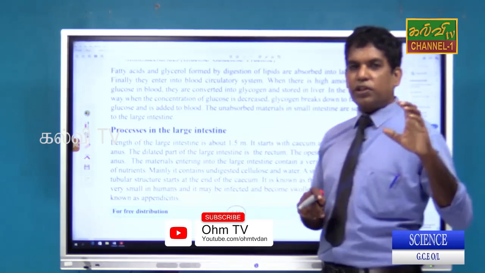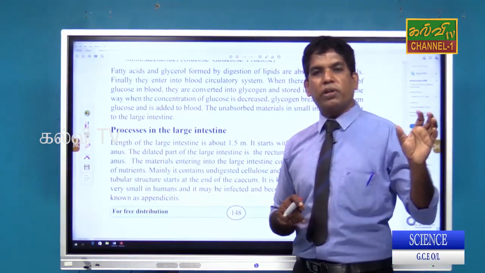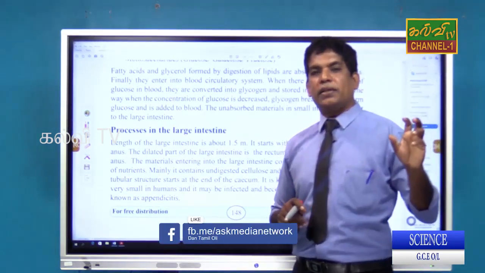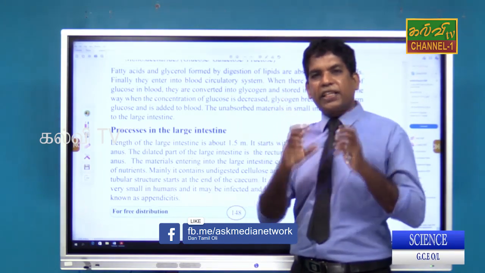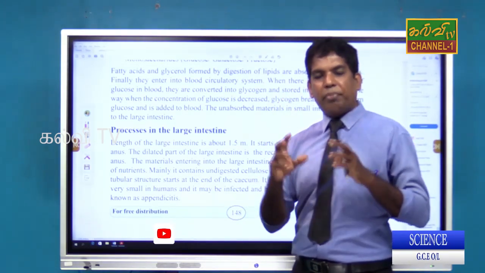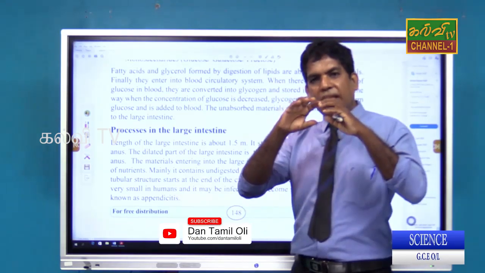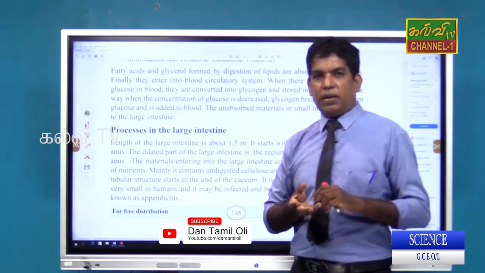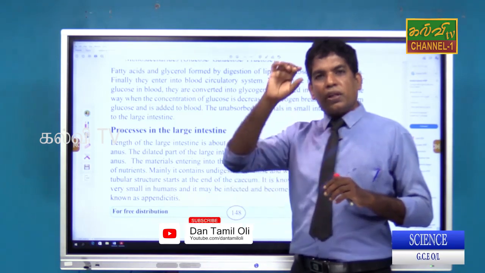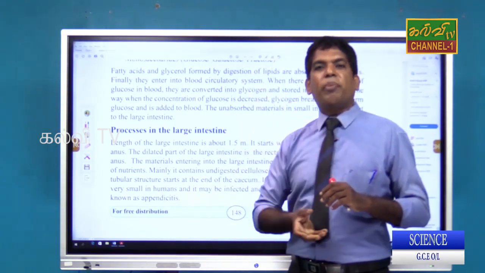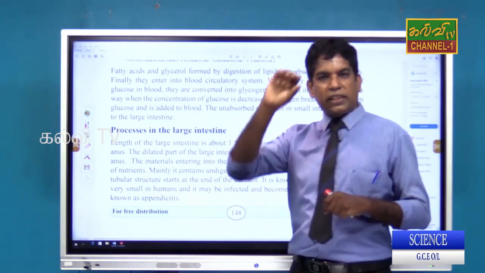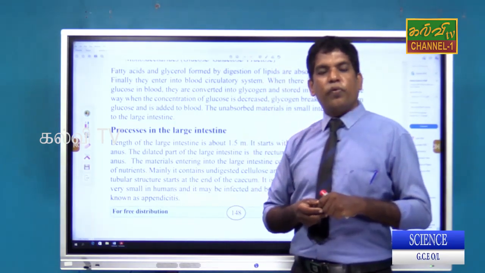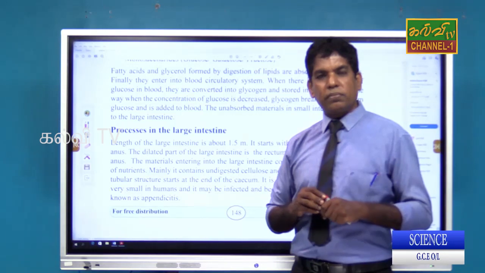The large intestine is a little different from the small intestine, because most of the digestive activities occur in the small intestine, especially the initial C-shaped part, which we call the duodenum.